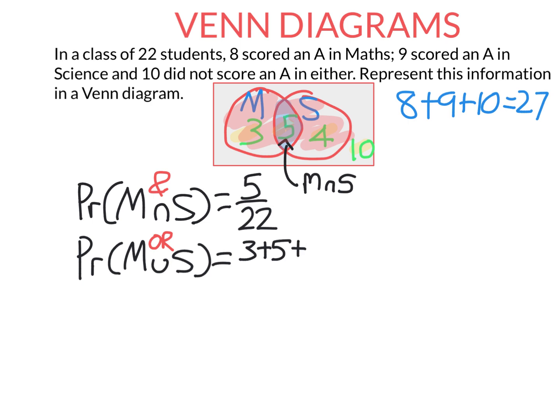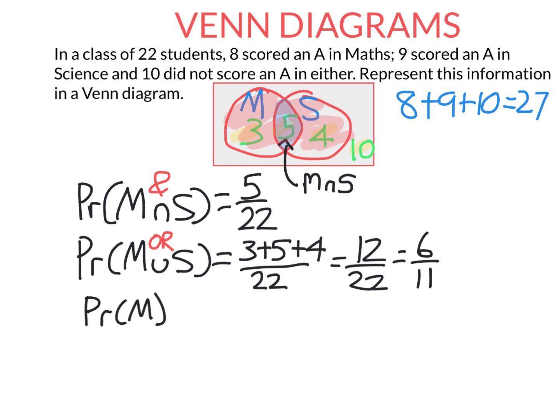There were 12 students in total who scored an A in either maths or science or both. But of course, probability can't be a whole number like 12. It needs to be over the total, over 22. So if you're giving it as a fraction, make sure it's simplified. So 6 over 11. So let's calculate the probability of M.